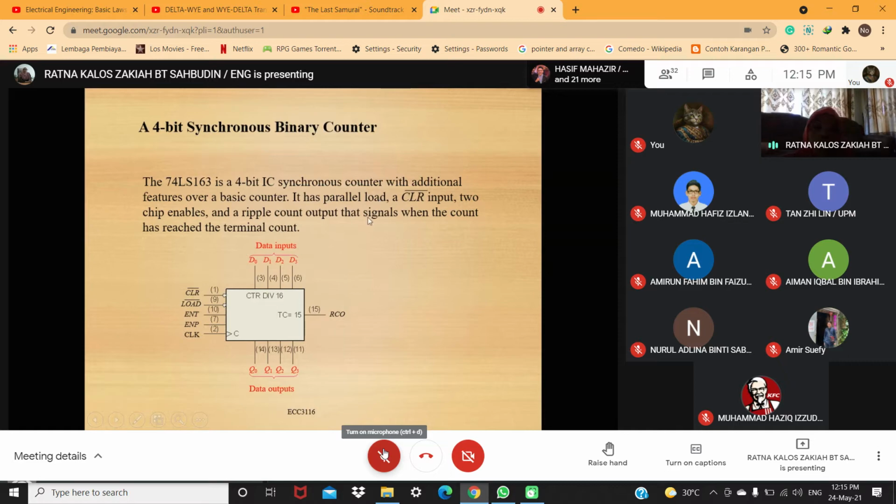It has parallel load, yeah, parallel load here, another load here, and then a clear input here, 2 chip enables here, and a ripple count output that signals when the count has reached the terminal count. So here you have the RCO. And then this is the 4-bit input and this is the data output here.